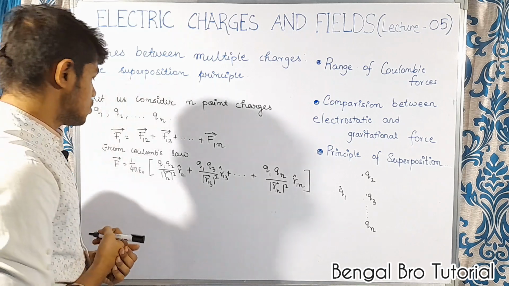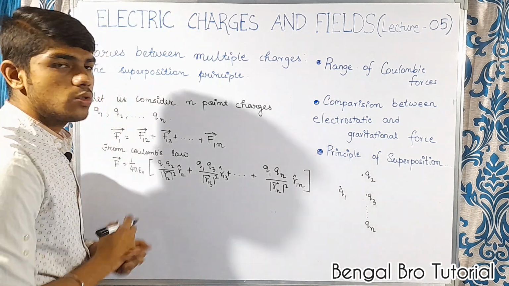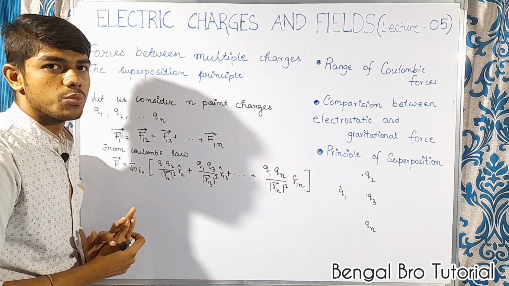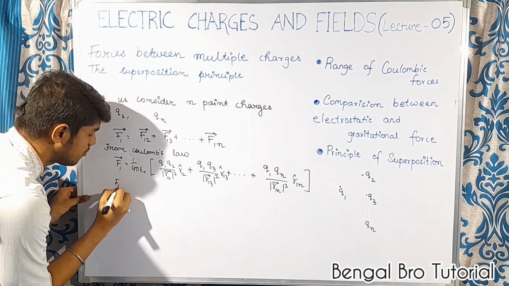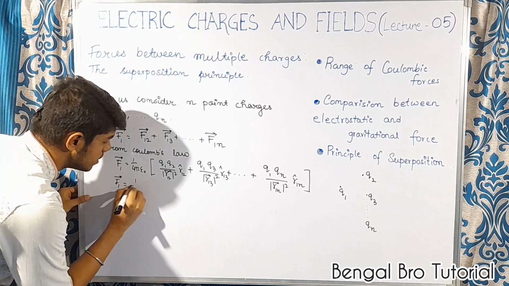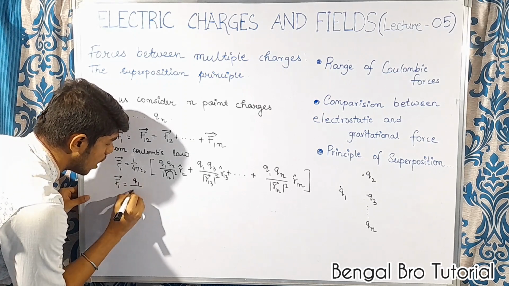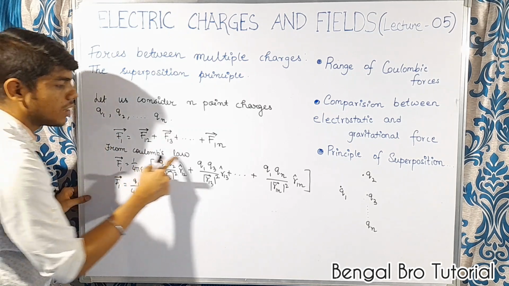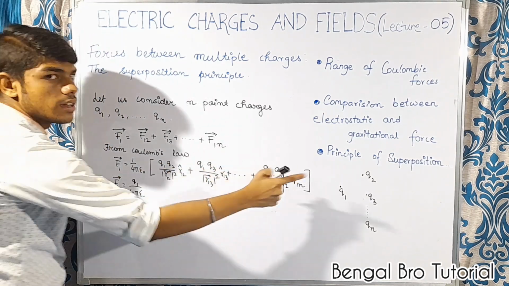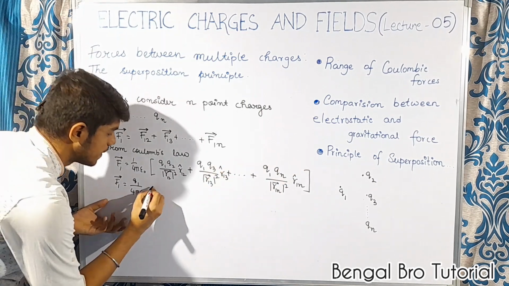Okay. So, if we want to condense this whole formula, then we can write that the net force on charge Q1 is equal to Q1 by 4 pi epsilon naught. I am taking Q1 common from all these individual expressions.